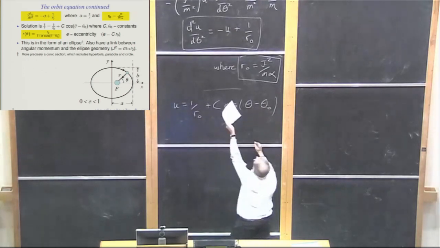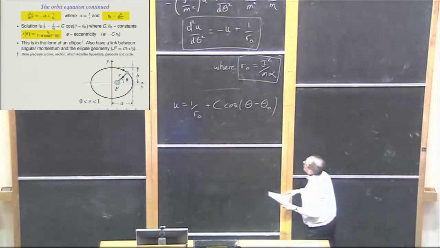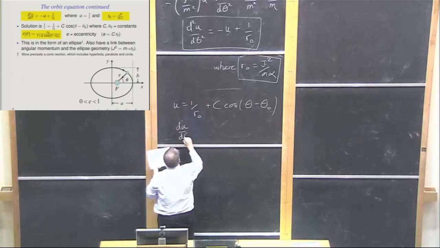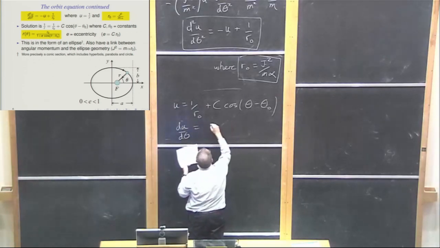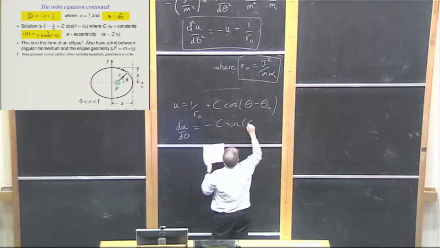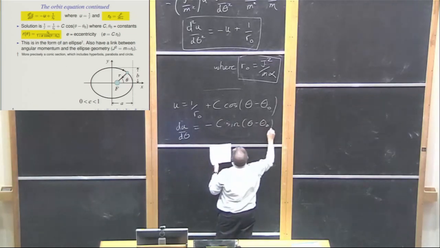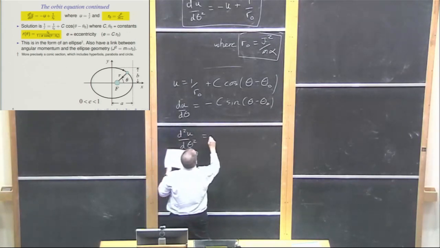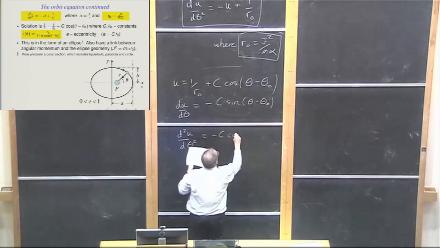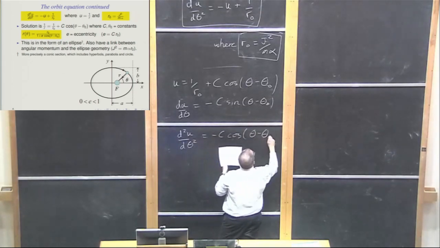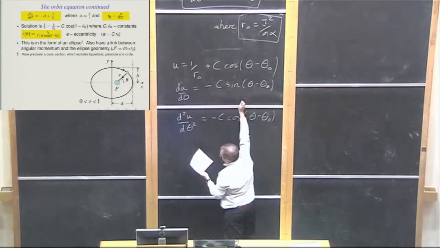So in this equation, I need a double derivative of this with respect to theta. So du by d theta is just going to give me minus c sine theta minus theta naught, and d^2u by d theta squared is just going to give me minus c cosine of theta minus theta naught.